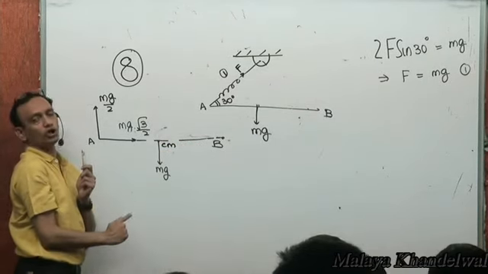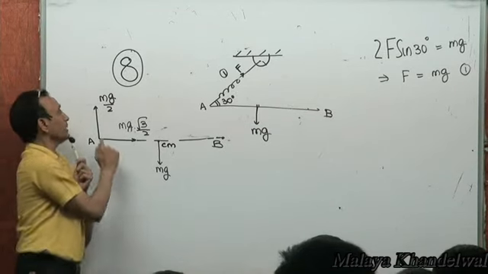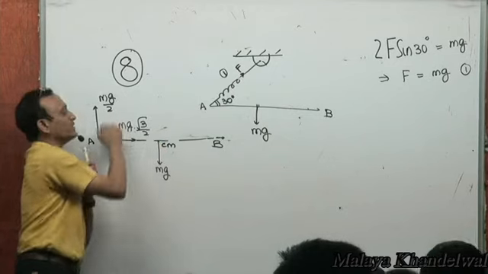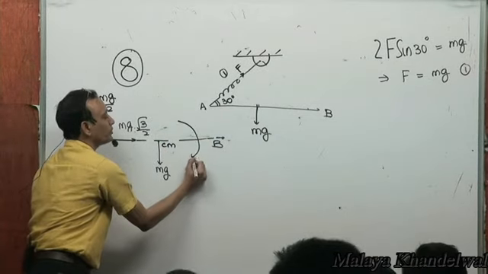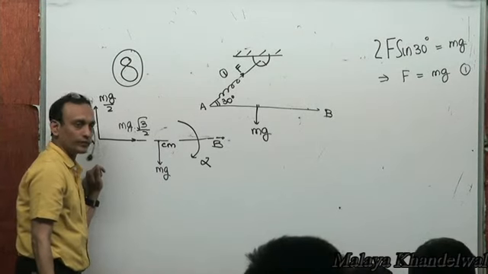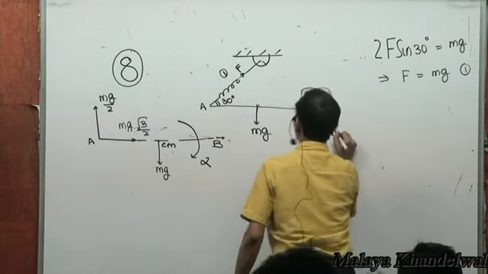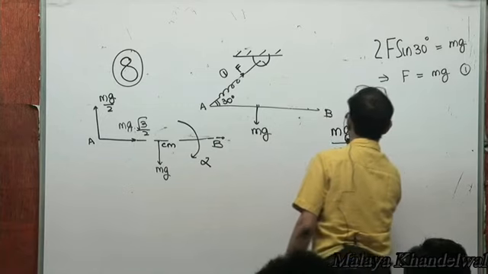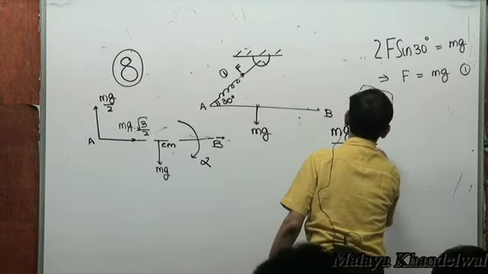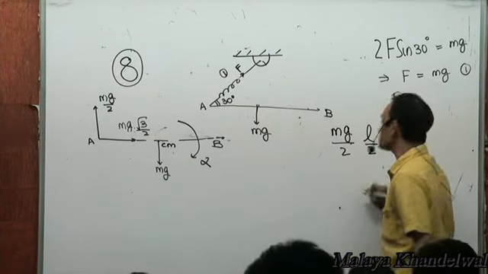So what's the only non-zero torque about the center of mass? mg by 2 into L by 2. It will produce a clockwise torque and therefore a clockwise alpha, right? So mg by 2 into this length, which is L by 2, is the clockwise torque about the center of mass.